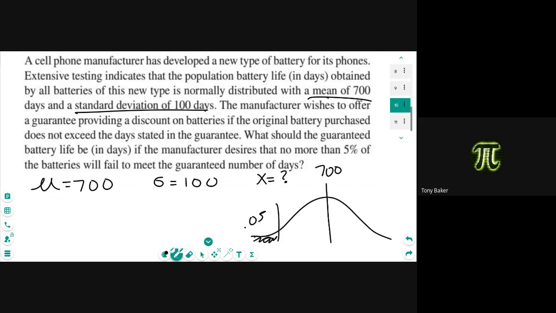We now have to find our z-score. So find 0.05. Okay. So you should end up finding that it's 1.64 or 1.65.